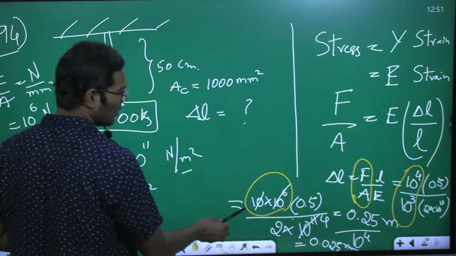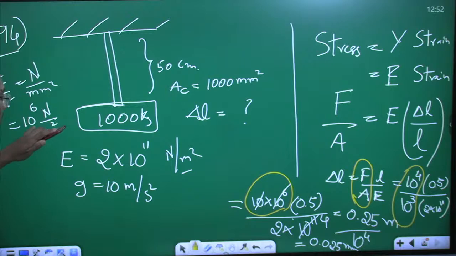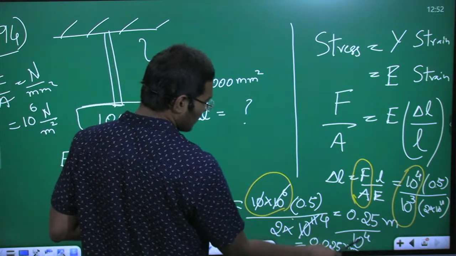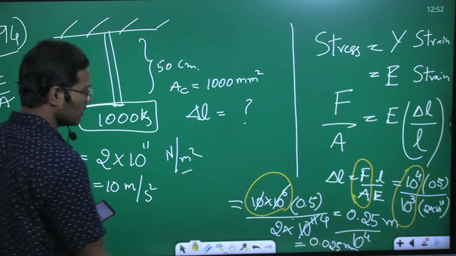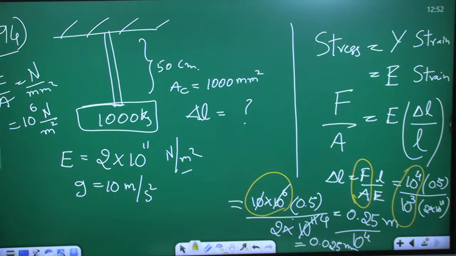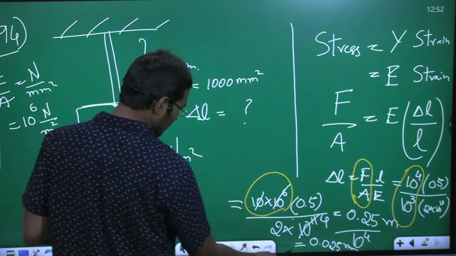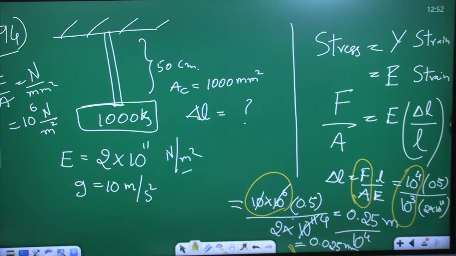So I have written 10. Newton per mm square is converted into 10 power 6, okay? There is nothing much here, this is the only key point. So we get the answer as 0.025 mm. Hope this is clear.